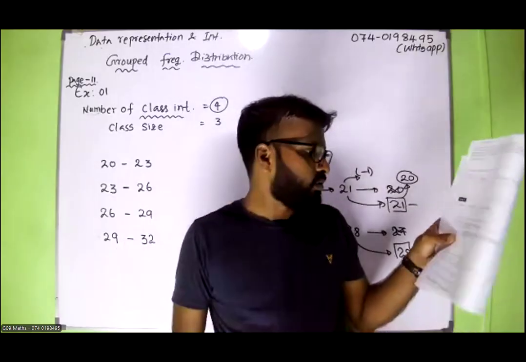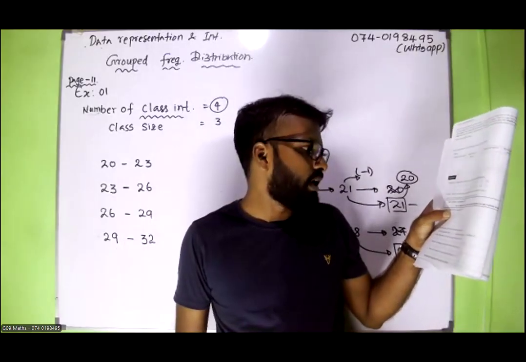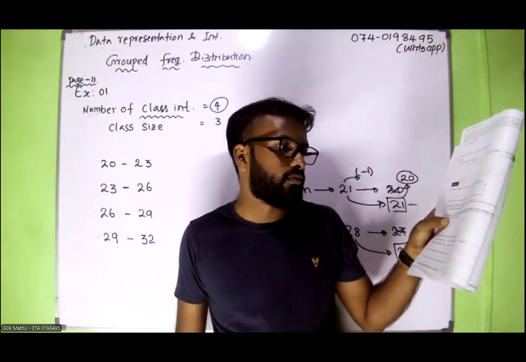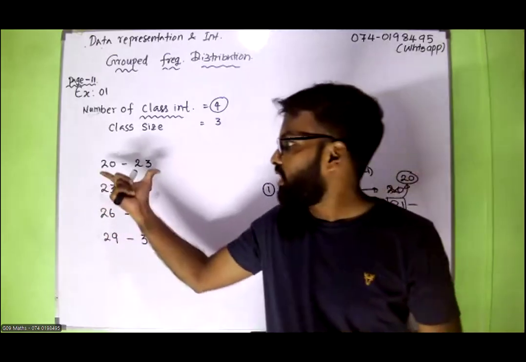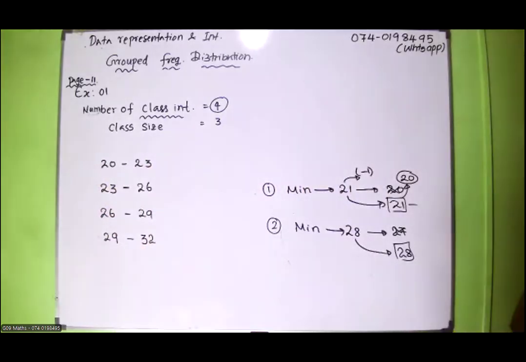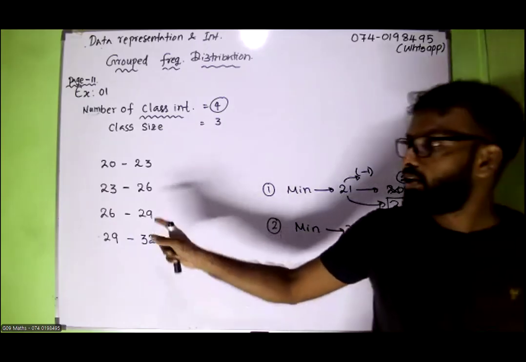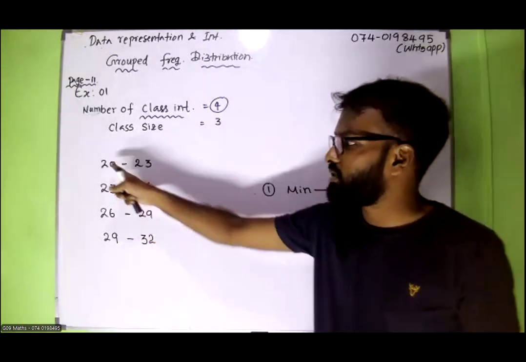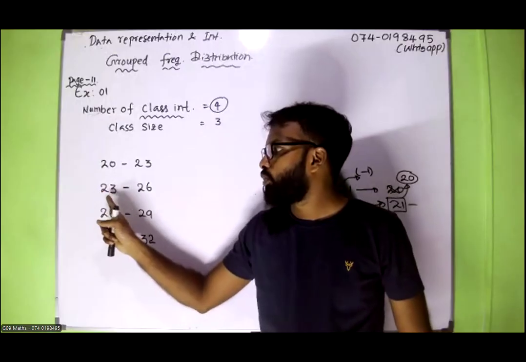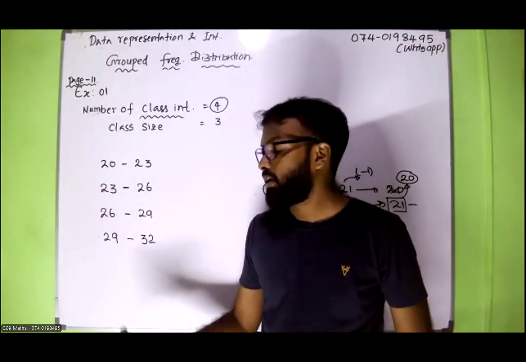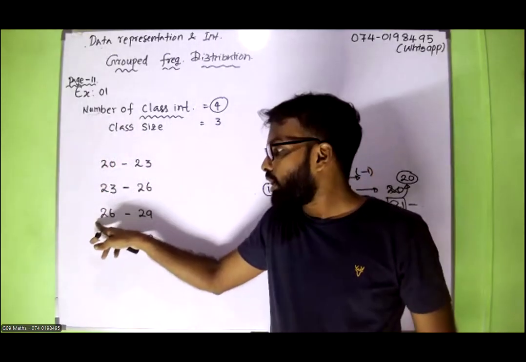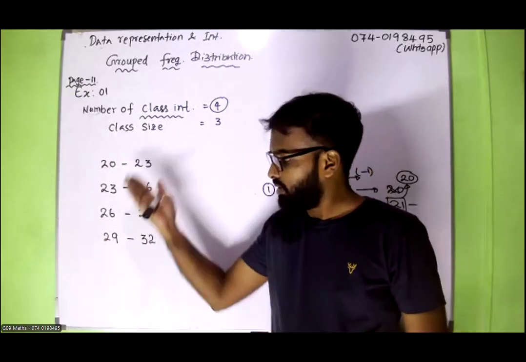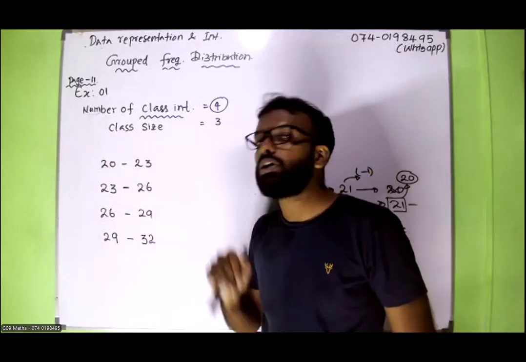Under the box, first let us define all the 4 class intervals. 20 to 23, first class interval. Second class interval is 23 to 26. The next class interval is 26 to 29. The last class interval is 29 to 32.